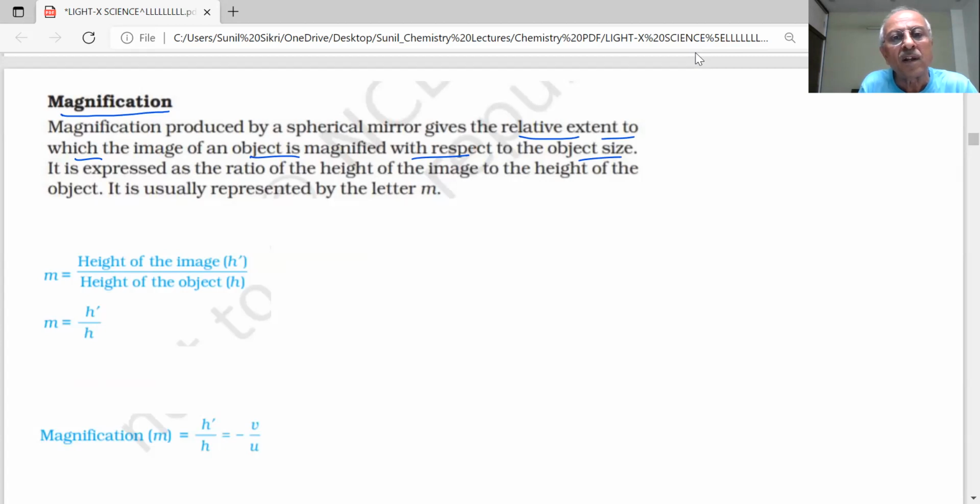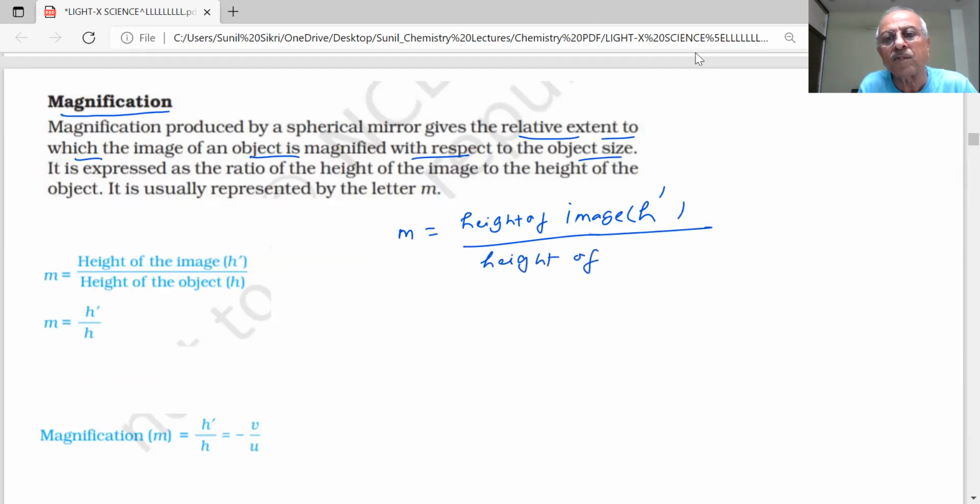First formula, magnification m is the ratio of the height of the image, which we are saying h dash, divided by the height of the object, that is my h. So m = h dash by h.